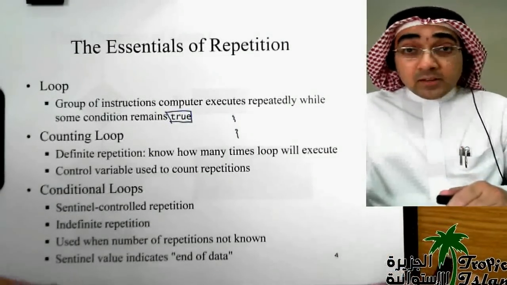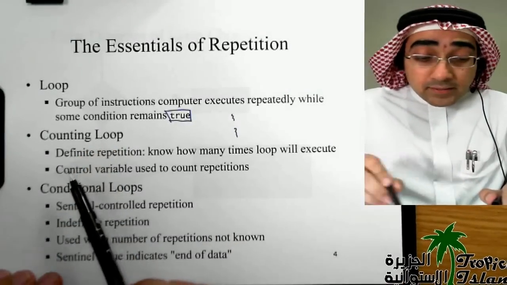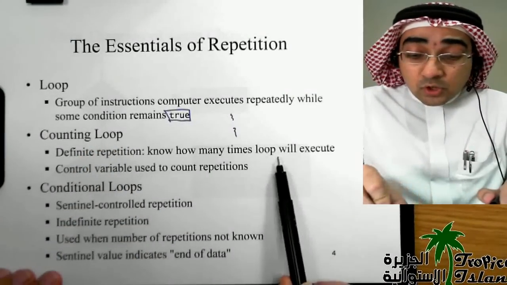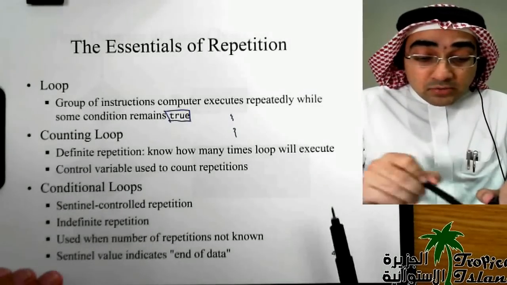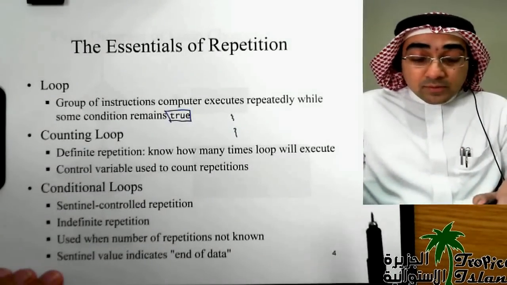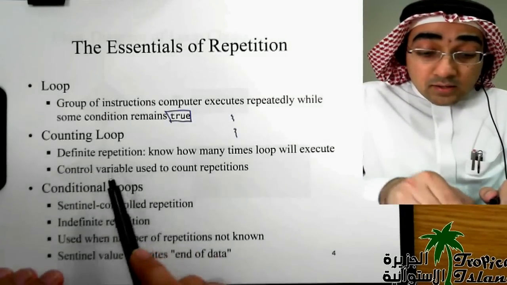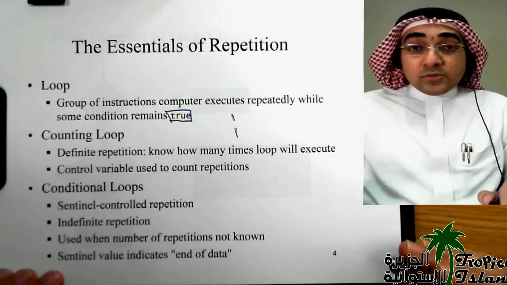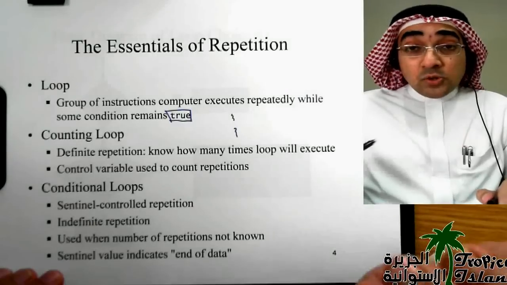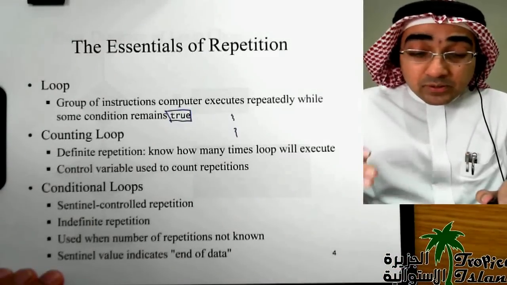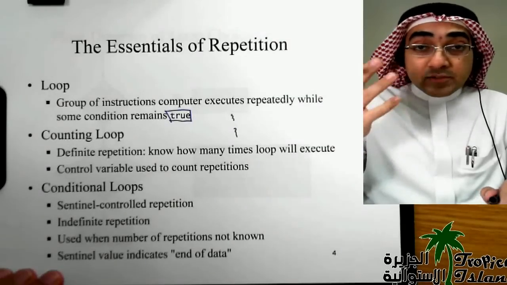There are two types of loop. There's the counting loop, which is a definite repetition. You know how many times you have to loop while executing, and you can have a control variable to count the repetition. For example, when I ask you to write a program that prints the numbers from 1 to 10, you know exactly how many times you have to print a number: 1, 2, 3, 4, 5, 6, 7, 8, 9, 10.